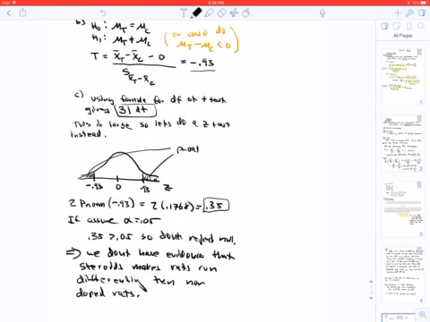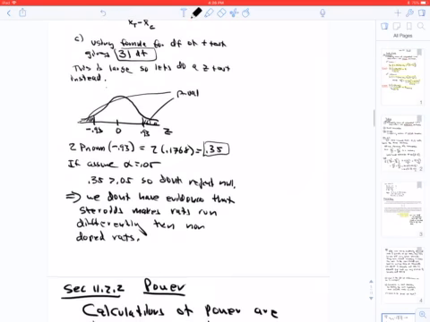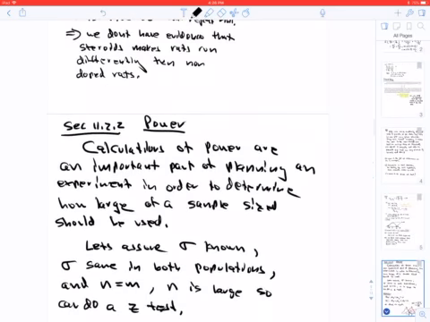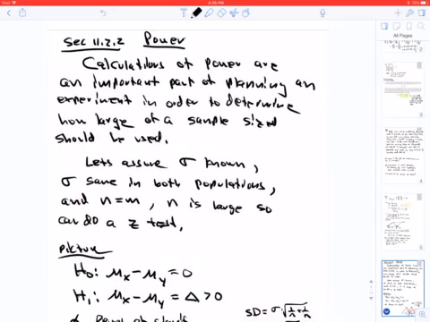That's just 2 times pnorm of minus 0.93, which is 0.35. Assuming that alpha is 0.05, we would not reject the null, and hence we don't have evidence that steroids make rats run any differently than non-doped rats.